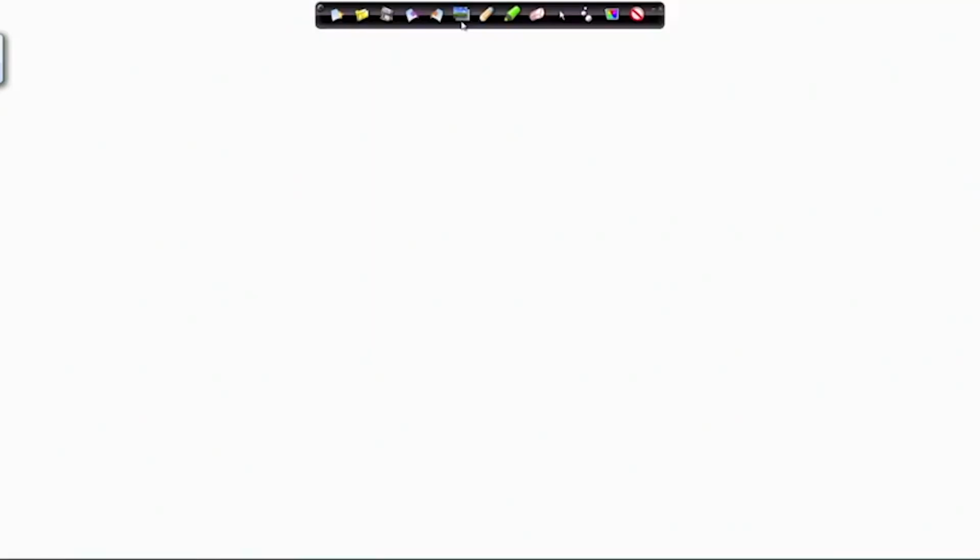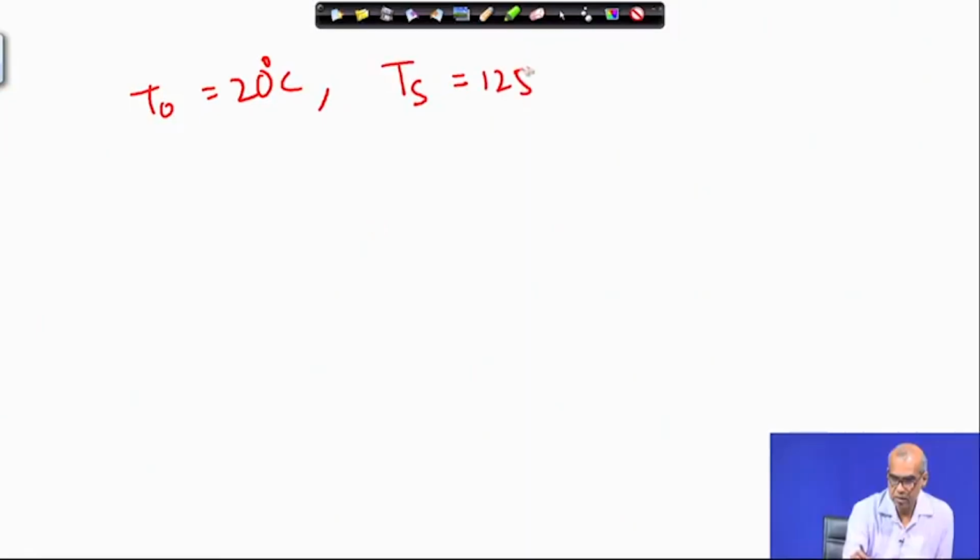So, what is given is initial temperature 20 degrees Celsius, it is put suddenly to a temperature of 125 degrees Celsius. So, that is the step input given.